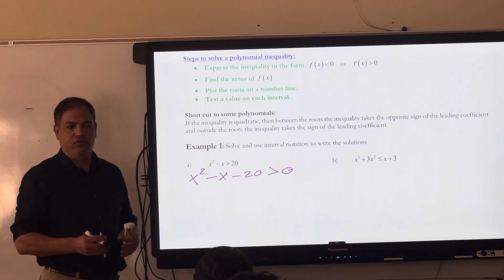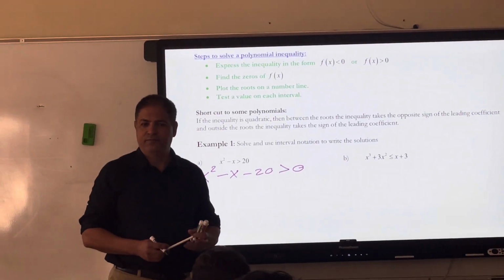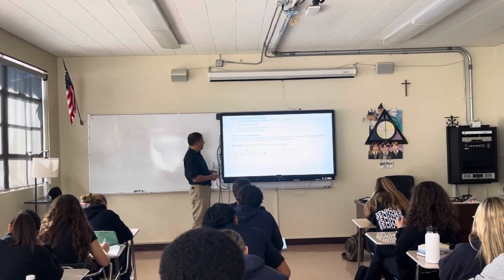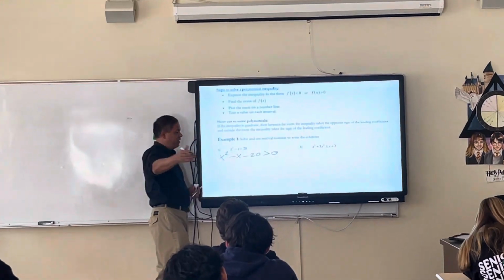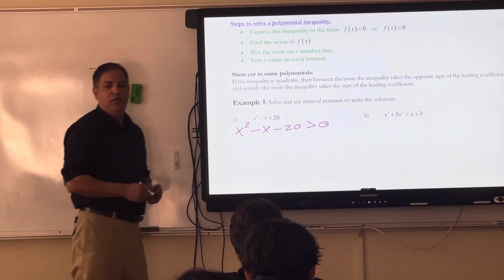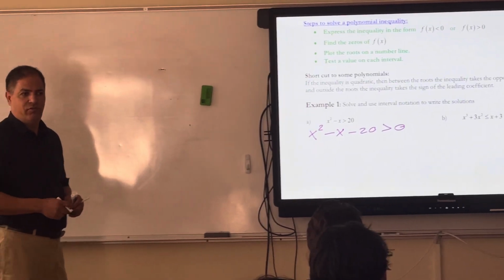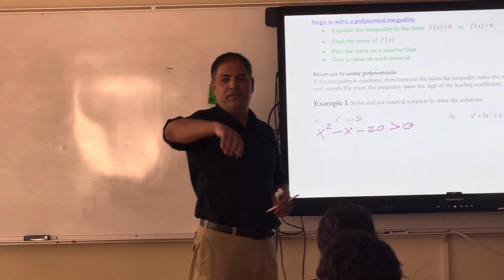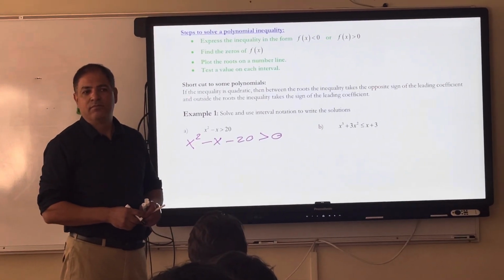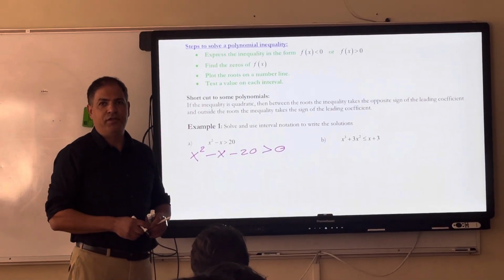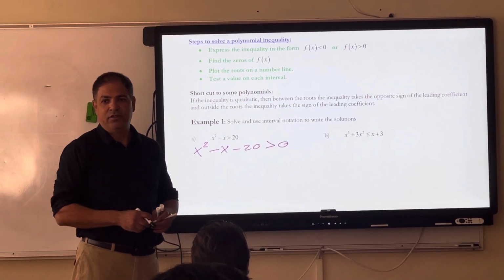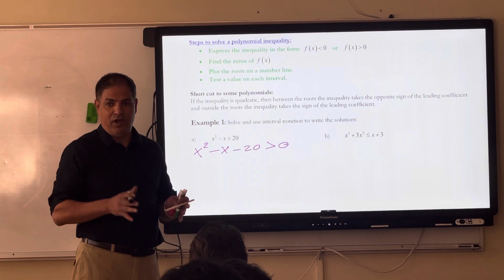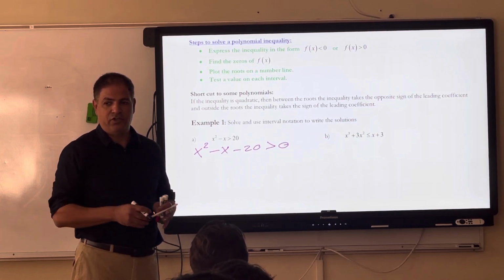Yeah, but why is that? What do I need that for? Why do I have to do that? You have to know what makes the statement true. Okay, so eventually at the end, exactly what you said, we're going to find out what makes this statement true. But there's something specific to the zeros, why we have to find them. So let me take you to an easier example to explain that, and then go back to this one. The final answer you want to be in interval notation, so how does the interval notation relate to the zeros?